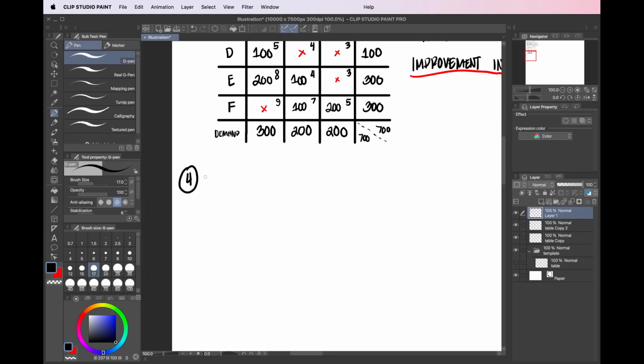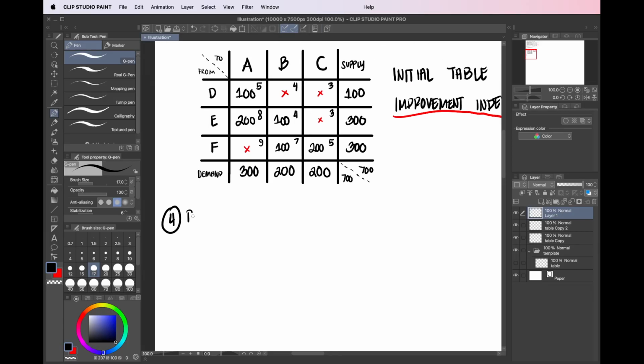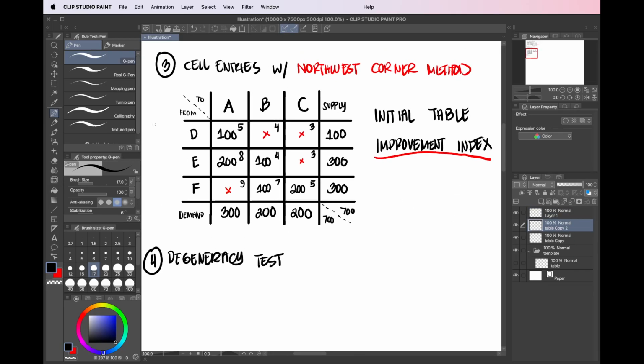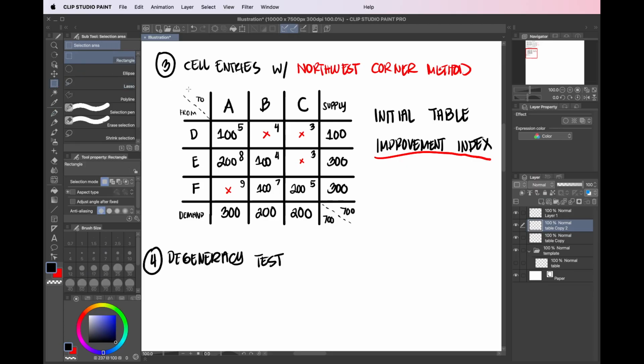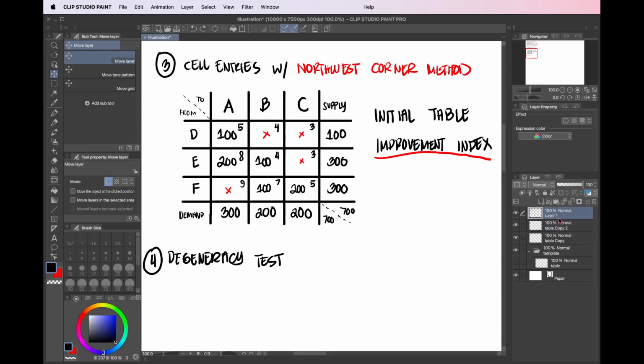So next, however, before that, let's quickly do the degeneracy test. Let's grab the table again. And actually, we have to copy this. Let me just give me a moment.